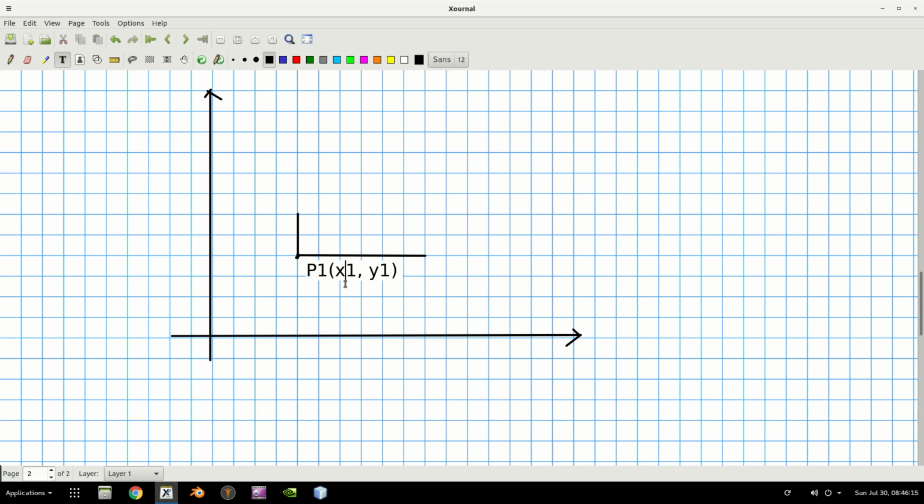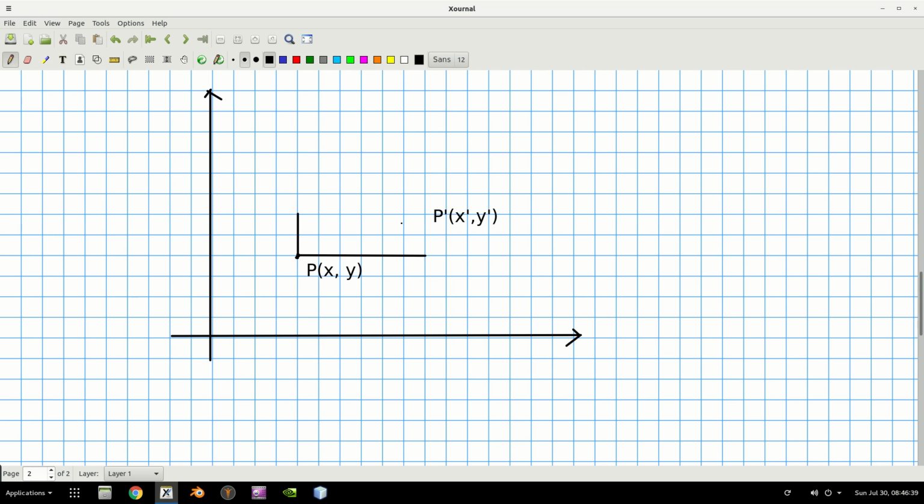So let me just call this P, and the other one we'll call P prime. So we'll have another point, P prime, given as x prime and y prime. I'll change the notation for those two as well. So we have x, y at this location, and the new location is P prime, given by x prime and y prime.